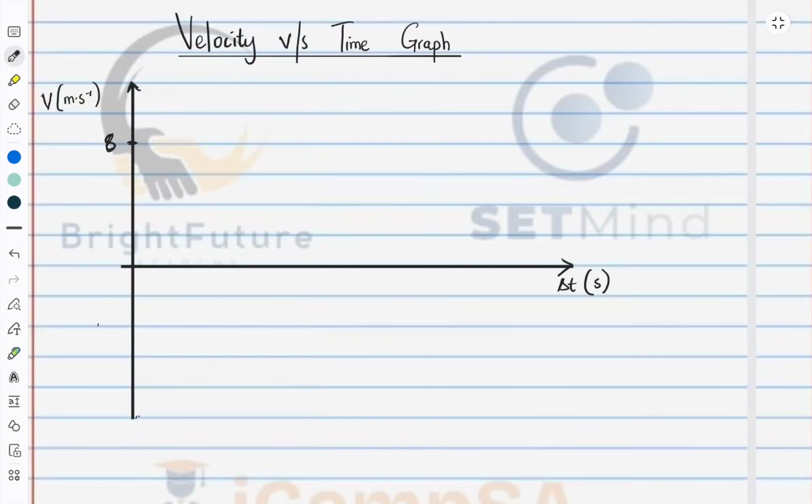And then what will happen is the helicopter will continue at this speed because it's moving at a constant speed, remember. So let's say the dotted line represents the helicopter. This is how it looks like. And then the ball on the other hand will continue going upwards until it reaches a maximum height where the velocity is 0.